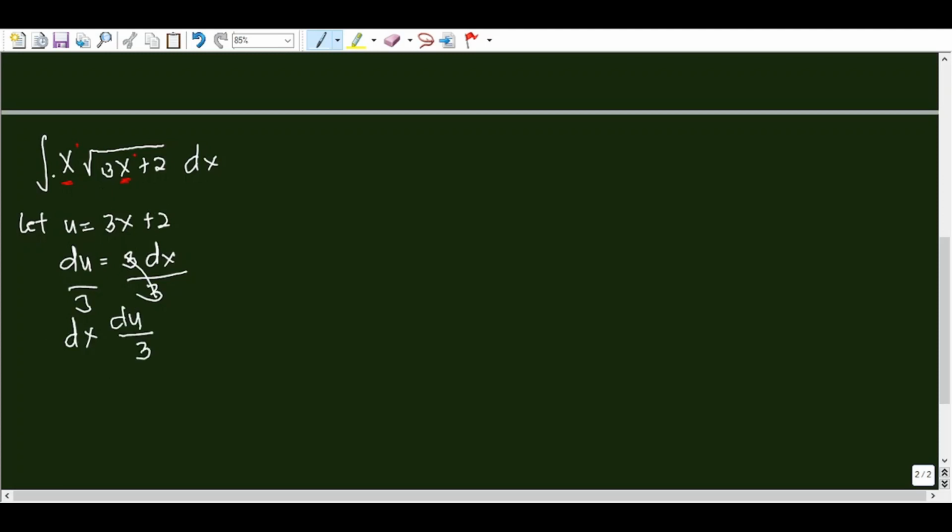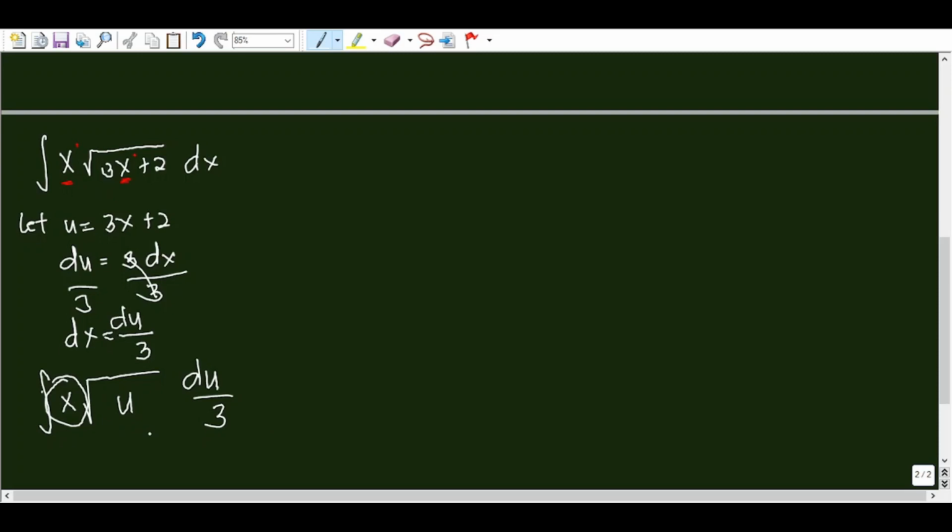If I substitute it here, it becomes the integral of x times the square root of u, with dx as du over 3. Notice that I cannot cancel out the x here because there is no x beside the 3.